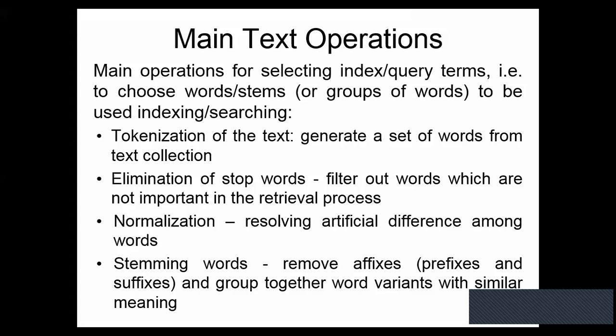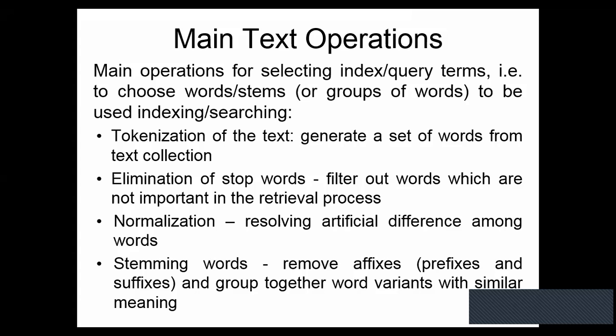Whether it is Ethiopia or Abyssinia, the meaning is the same. How can we tell the IR system to bring whatever ways of writing words, if they have the same meaning, it has to detect them and retrieve them, because whatever words we use, if they have the same meaning, they have to be considered as one word. How can we bring the cluster of words with the same meaning into one?